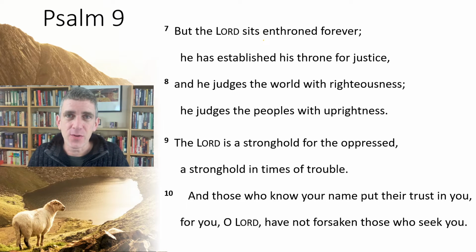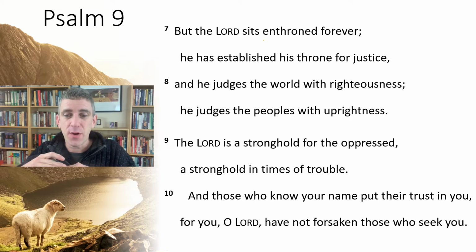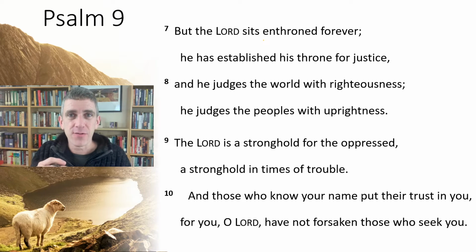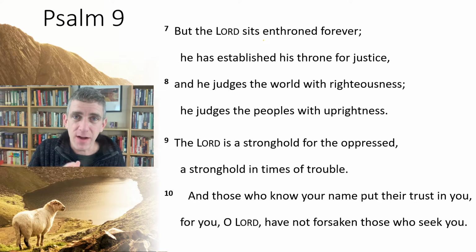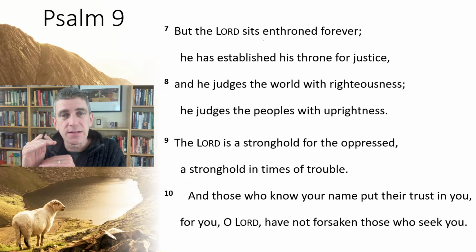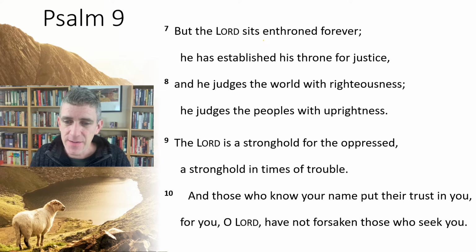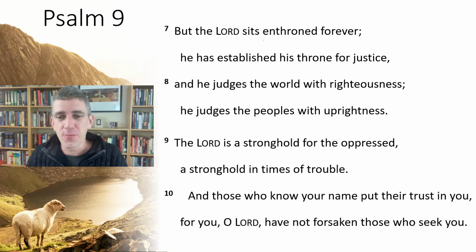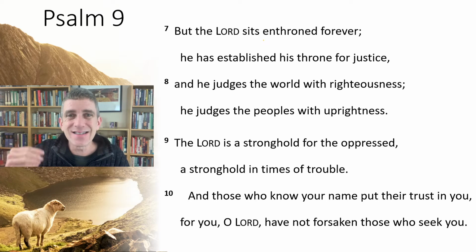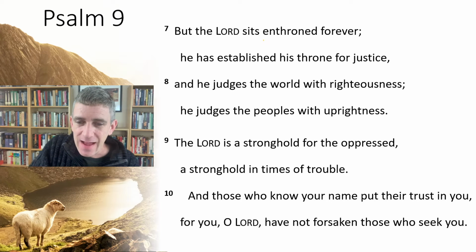In Hebrew poetry, they build the psalms or the poems with parallelisms. It's where you've got a pair of lines, sometimes 3, 4, 5, whatever, but typically 2 lines that are working together. The most basic form of parallelism we have right here, verses 8 and 9, where the second line is essentially saying the same thing as the first line.